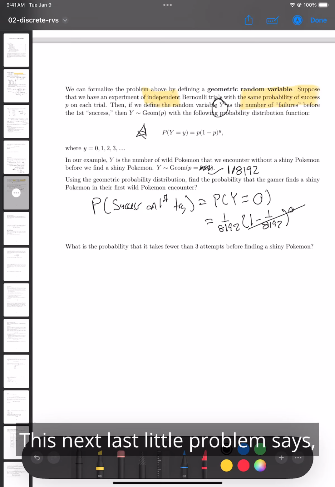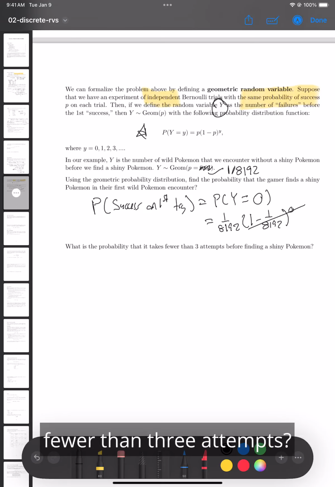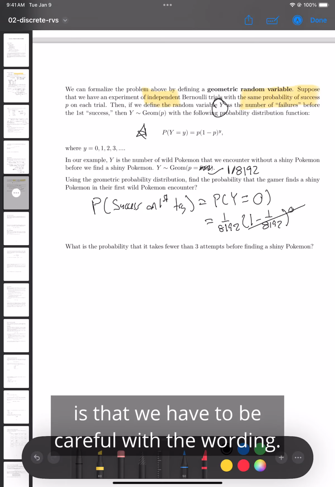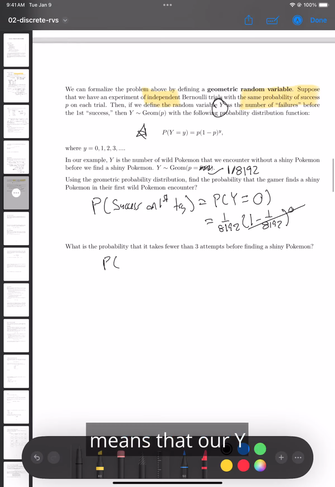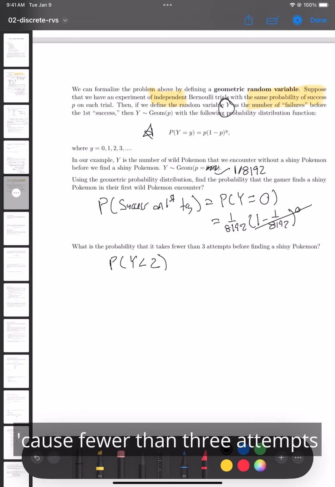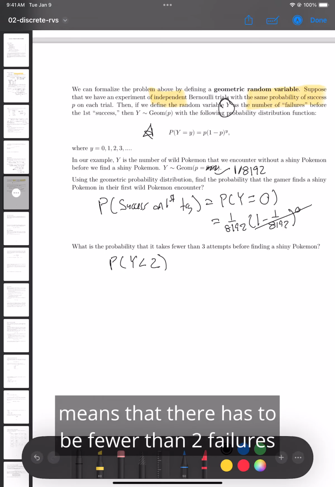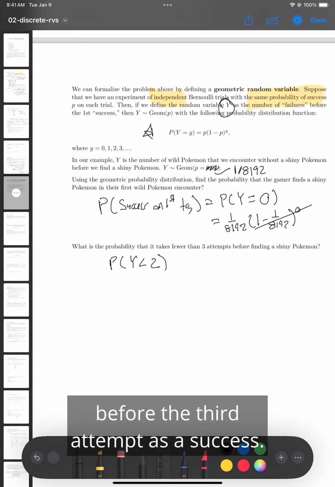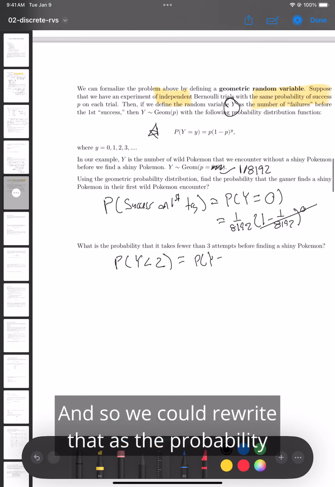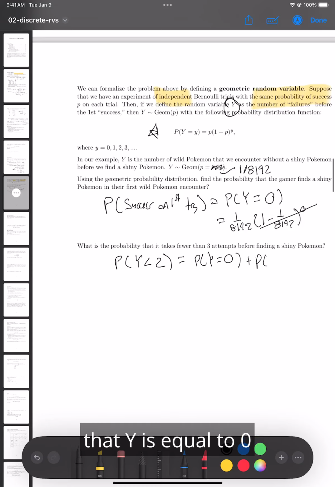This next last little problem says what's the probability that it takes fewer than 3 attempts. And so again, the trickiest part of this is that we have to be careful with the wording. Fewer than 3 attempts means that our y has to be less than 2. Because fewer than 3 attempts means that there have to be fewer than 2 failures before the third attempt is a success. And so we could rewrite that as the probability that y is equal to 0 plus the probability that y is equal to 1.